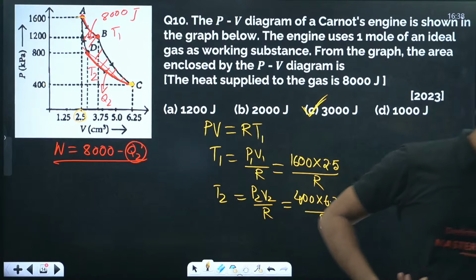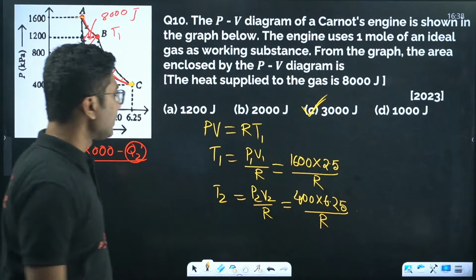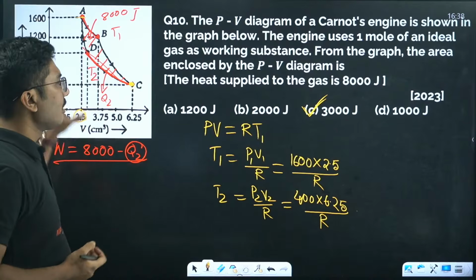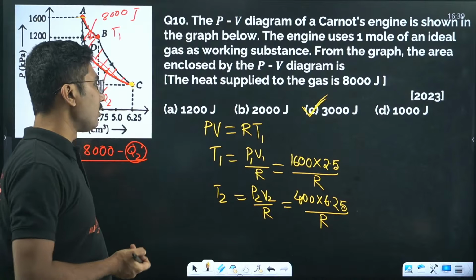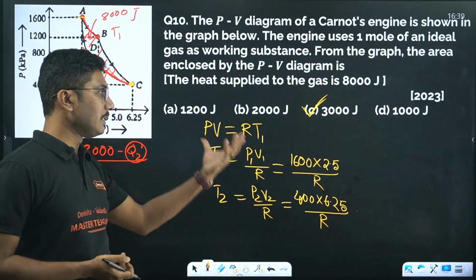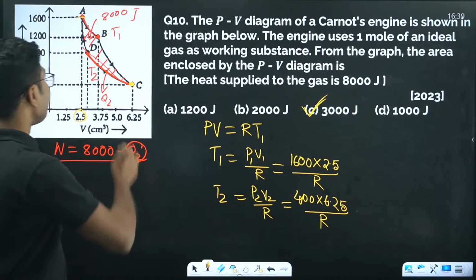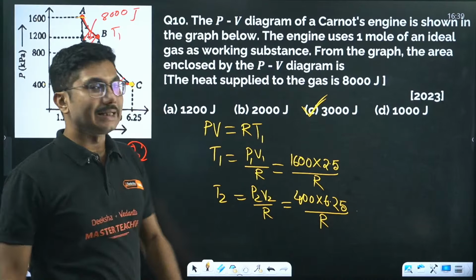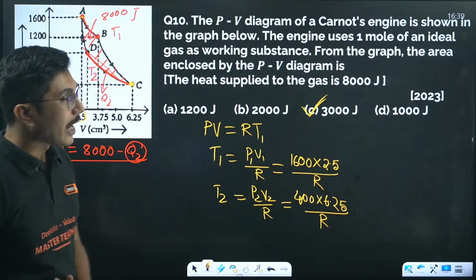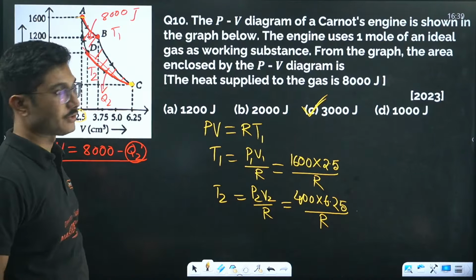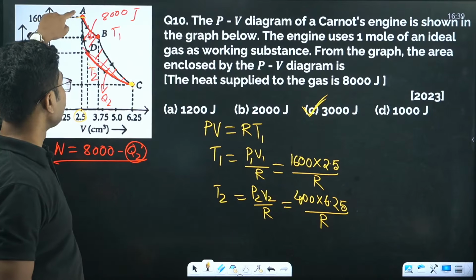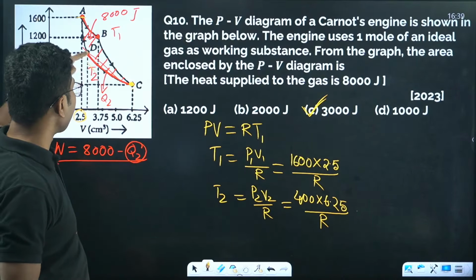Hello Dikshita. So option C is correct. Okay, make sure you understand the problem. See, the exact same question will not come, but if you understand the theory, sometimes we need to apply the very basic ideal gas equation. Why are we able to use the ideal gas equation? Because this process is an isothermal process. This is also an isothermal process. So any one of these points we can apply.